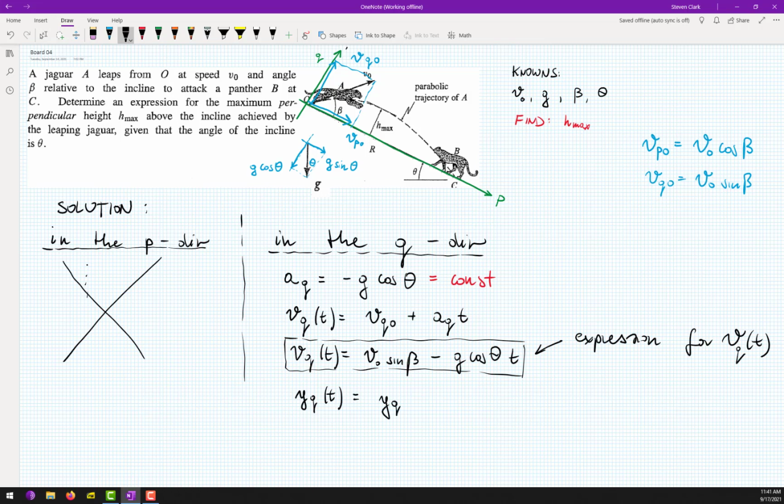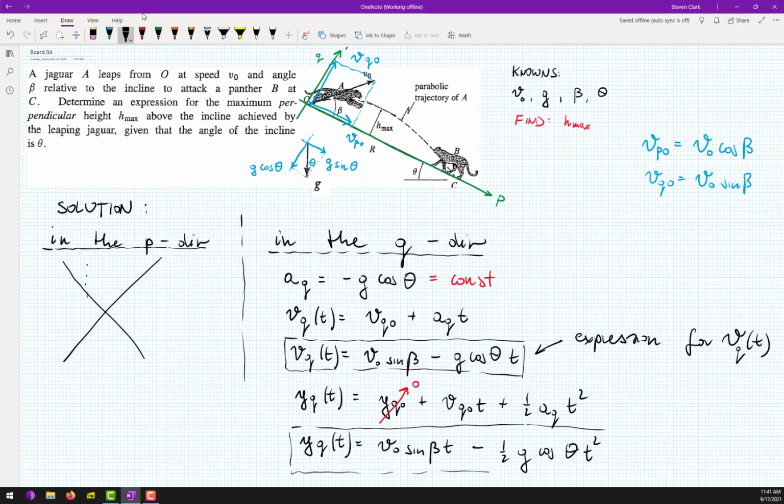YQ of t is YQ0 plus VQ0 t plus 1/2 AQ t squared. Let's fill it out. This is 0, and we know everything else. So YQ will be V0 sine beta t minus 1/2 g cosine theta t squared. Great.